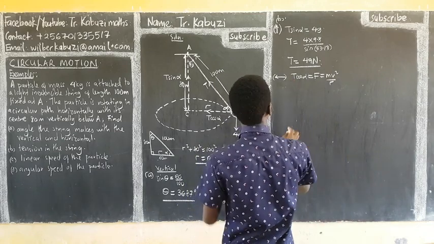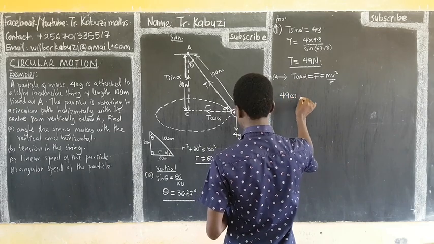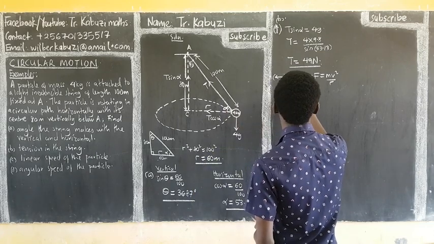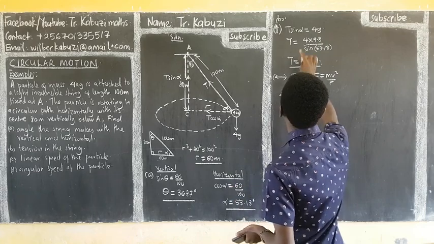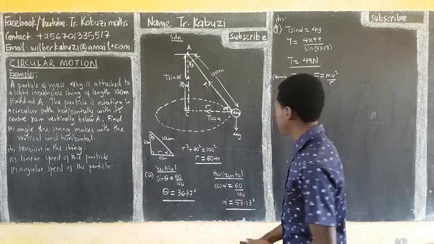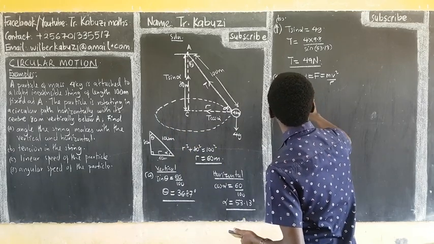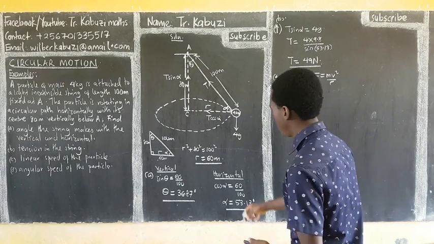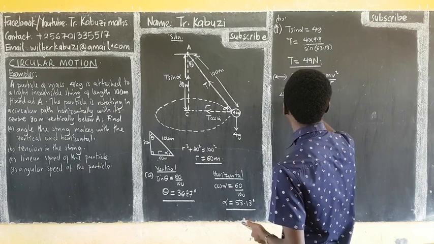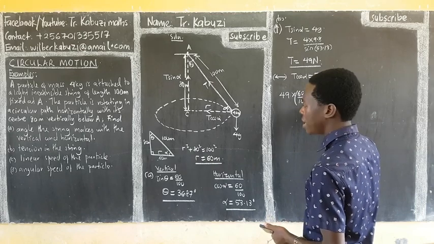So meaning now my T is going to be 49, then cos alpha, which is 53.13. If you want the more accurate answer, you can see cos alpha is adjacent over hypotenuse, that is 60 over 100. So 49 times 60 over 100 is equal to the mass, which is 4, times v squared over our radius.